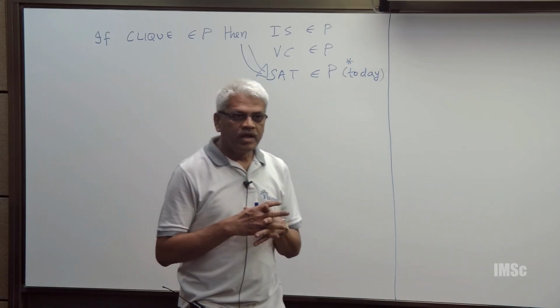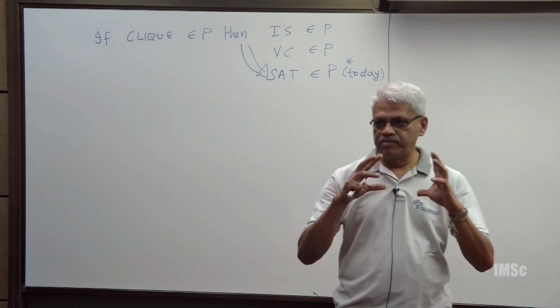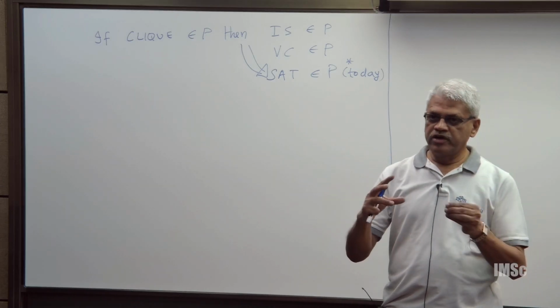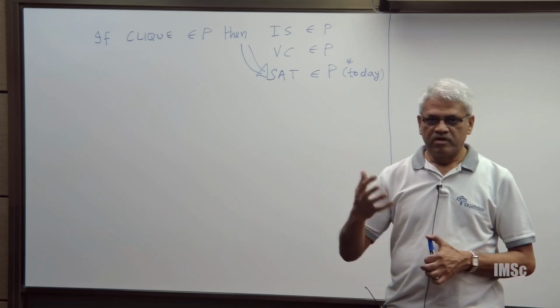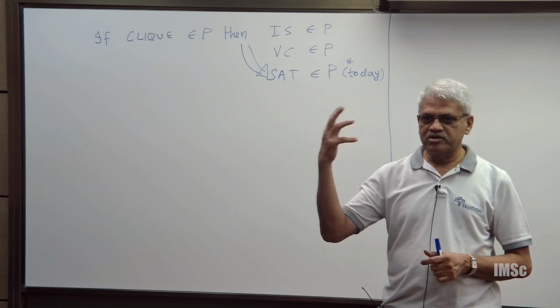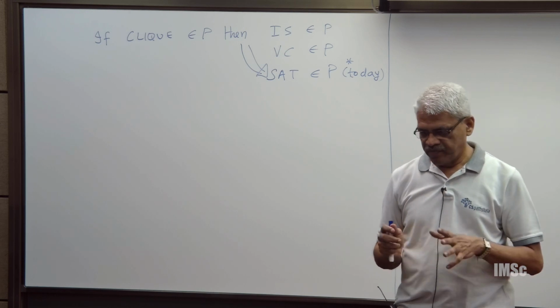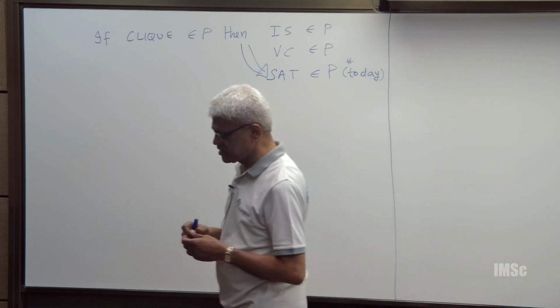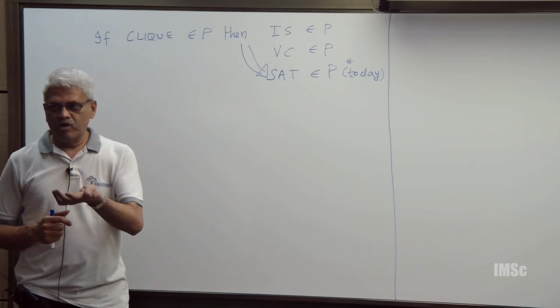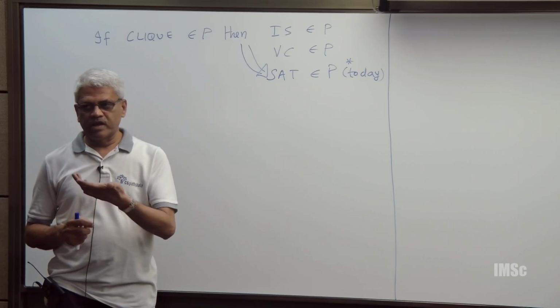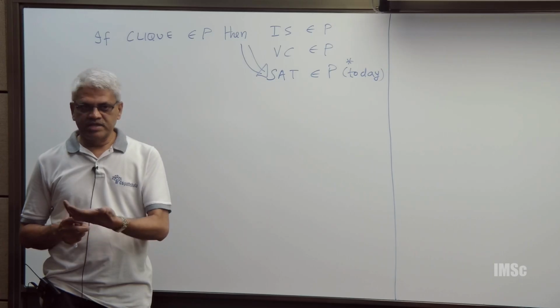Max clique is a black box algorithm which you give a graph, and it gives you the max clique size, or the max clique, whatever they are actually. So, let us say max clique size it gives. I want to use that as a black box to design a polynomial time algorithm for SAT.